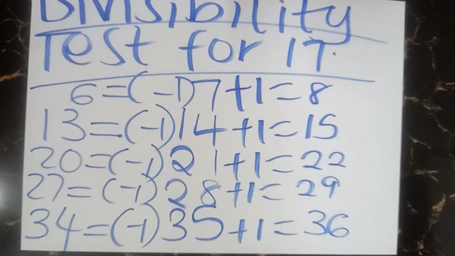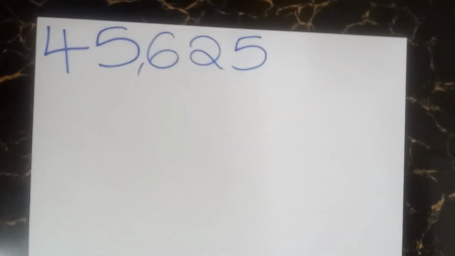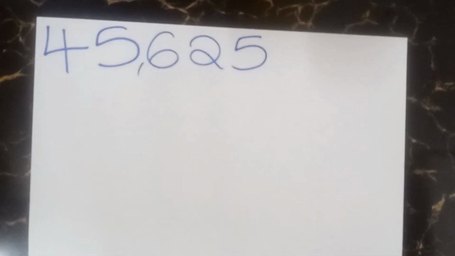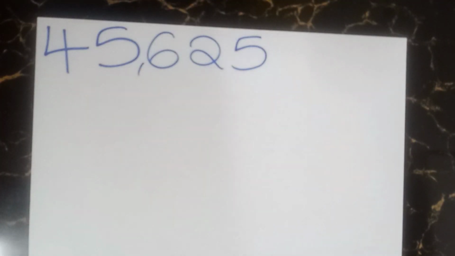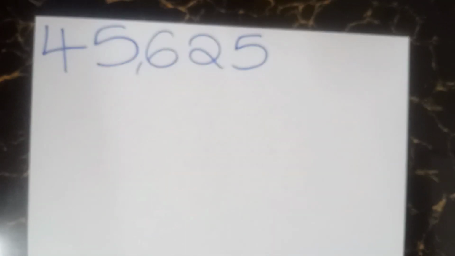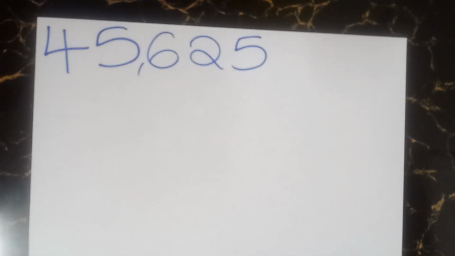So let's go through some examples. Is this number divisible by 17? Here we'll start by multiplying the digit in the ones place of this number by 5 and then subtract it from the remaining digits. We'll repeat the same procedure until we get 17 or a multiple of 17.